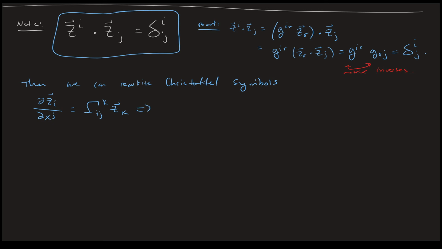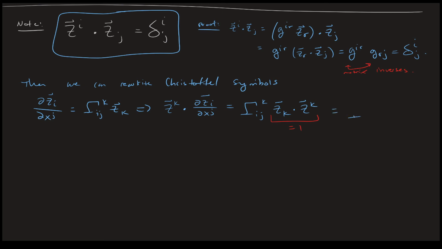Well, if we take the dot product on both sides with, we'll call it zk up, so zk up dotted with partial zi, partial xj would be equal to gamma k ij zk down dotted with zk up, and now that's just a 1.